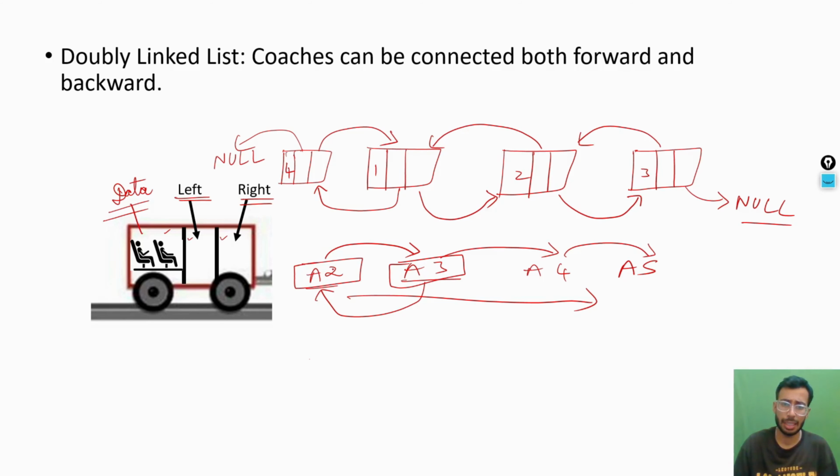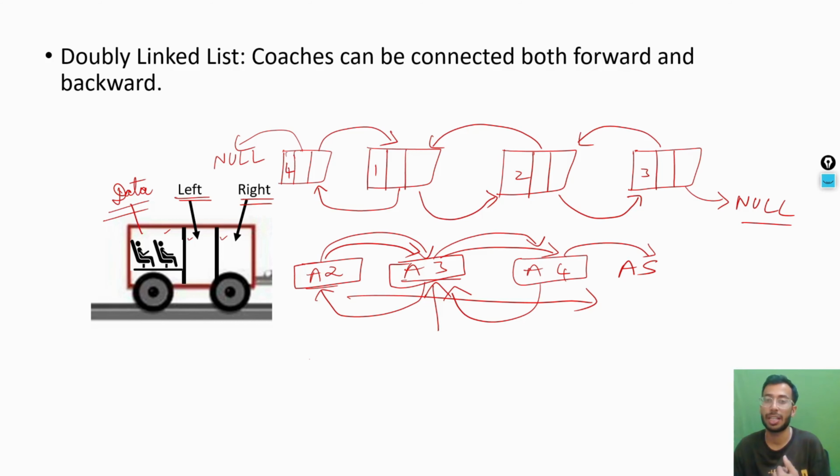So the TC will go to A3 compartment first and check the tickets of whatever people are there. Then he will go to A4 compartment, and after one or two stations, when more people have boarded A3 compartment, the TC can come back to A3 compartment and check the tickets for them. And that's how the tickets are checked.